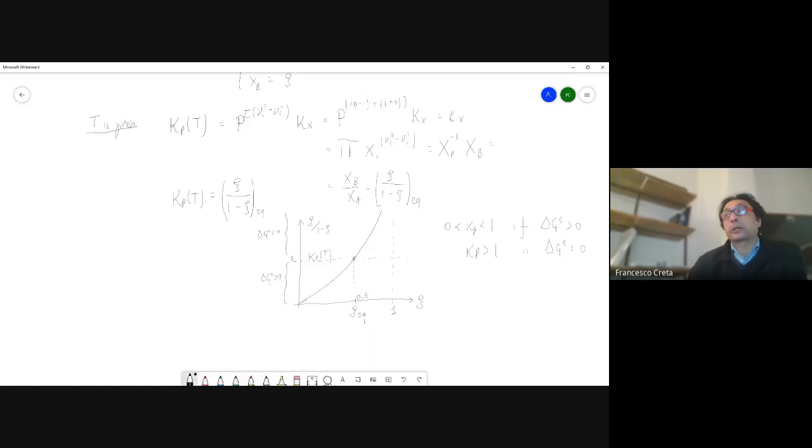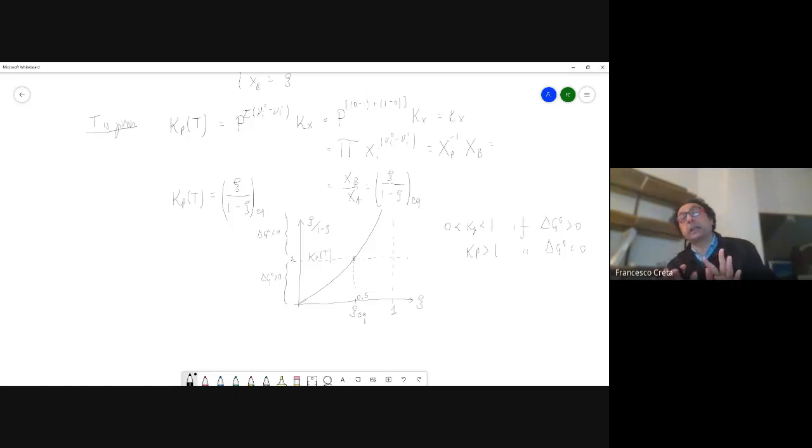So the reaction at equilibrium is more shifted towards the left. And if delta G is negative, Kp will be over here, and so the equilibrium will be shifted to the right and will be between 0.5 and 1. So we'll favor products, okay?